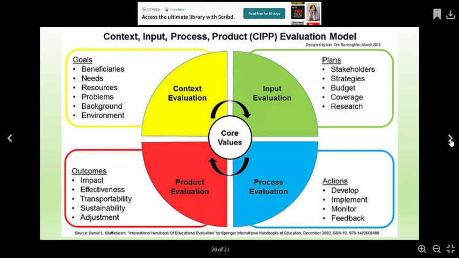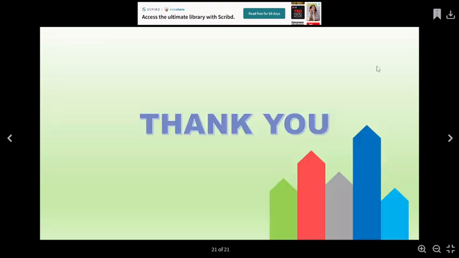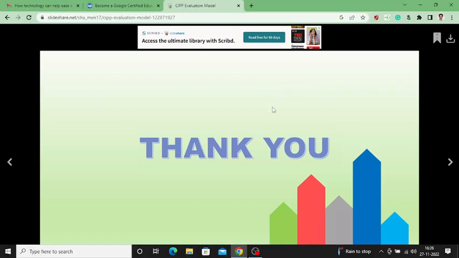In the process evaluation: the development or implementation of the program, monitoring and feedback. And the last one is the product, that means the outcome: the impact of the program, the effectiveness, sustainability, practicability, whether they are useful, and how we can improve it. These are the things that deal with that project.